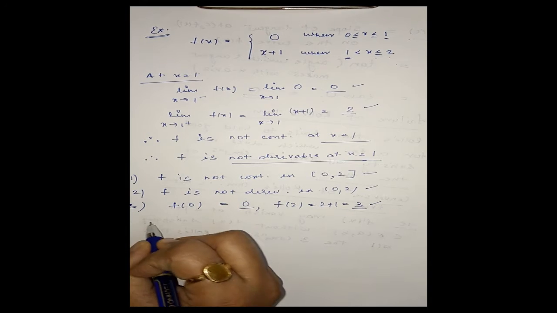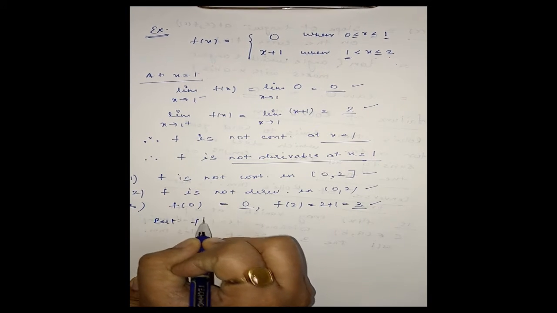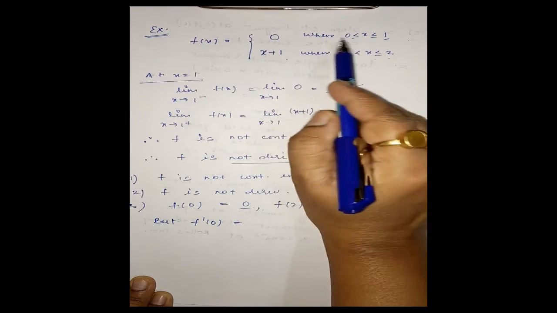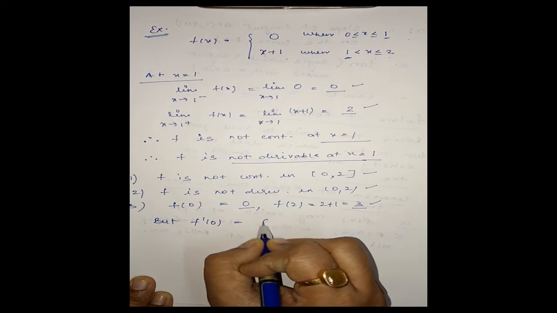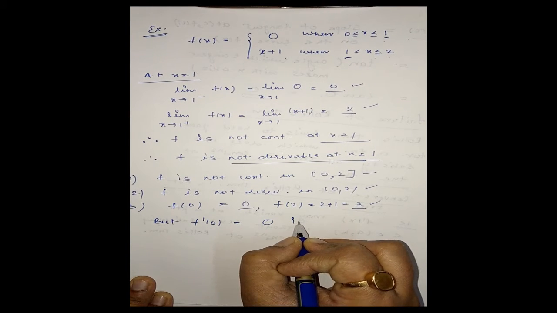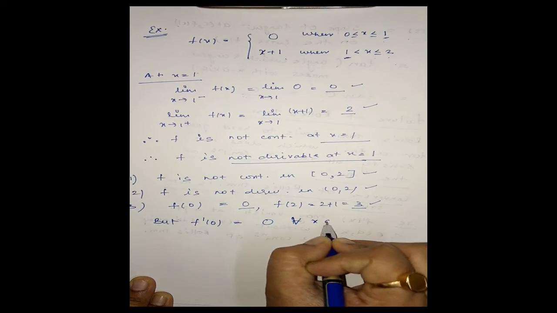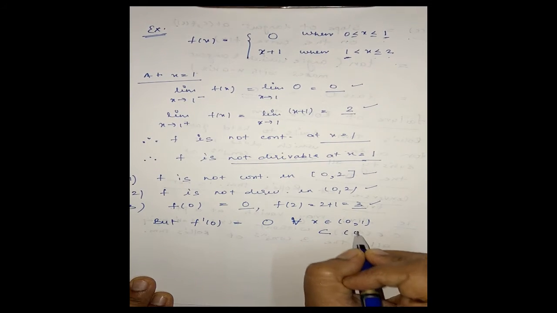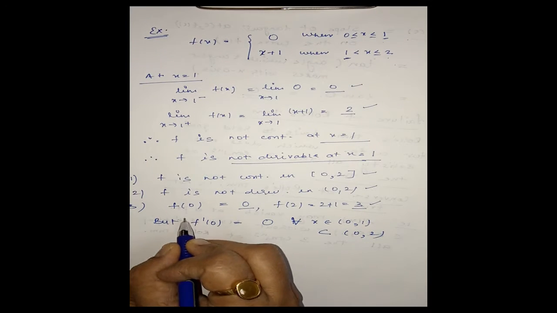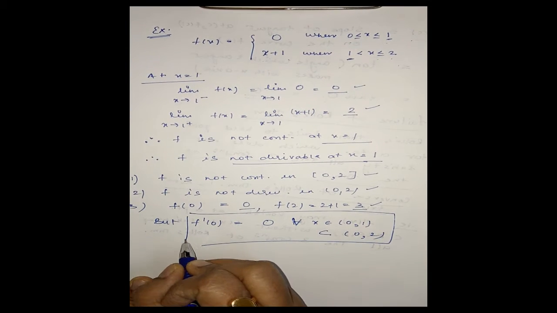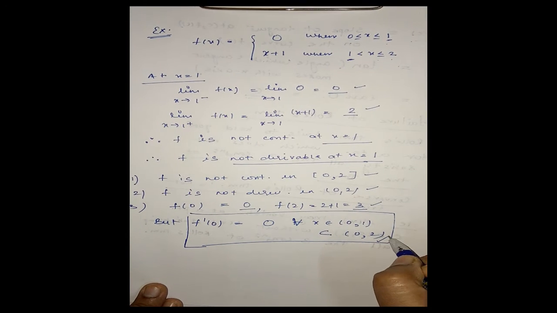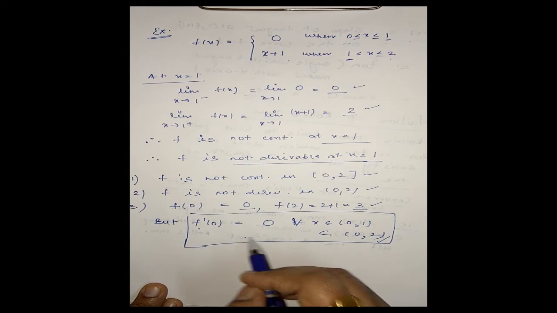But here we have f dash x equal to 0, since the function is defined as 0 in the interval 0, 1. Therefore f dash x is 0 for every x in the open interval 0, 1, which is a subset of 0, 2. That means there exists a point in the open interval 0, 2 where the derivative is 0.